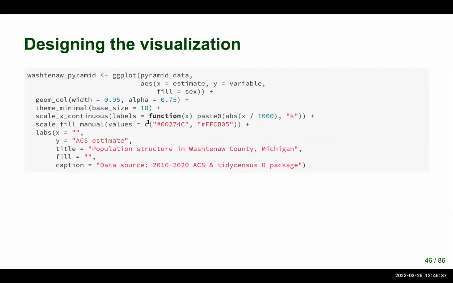So you can read this as, for every label x, take the absolute value of whatever that number is divided by 1,000, and then tack on, using the paste0 function, a k to the end of it. I then use scale_fill_manual, which we haven't done yet, to specify a custom color fill. And I'm using maize and blue taken right from the University of Michigan website to reflect the university in Washtenaw County. Let's run this code through.